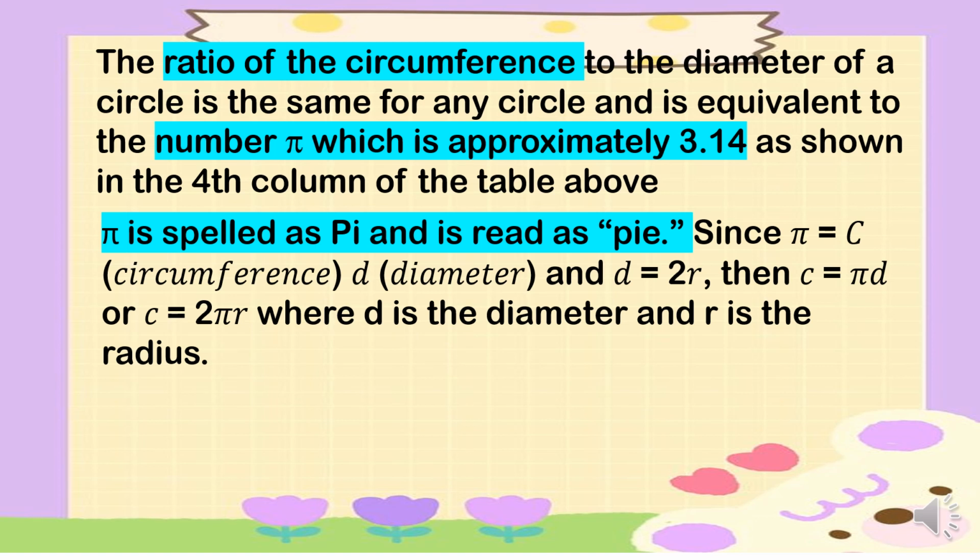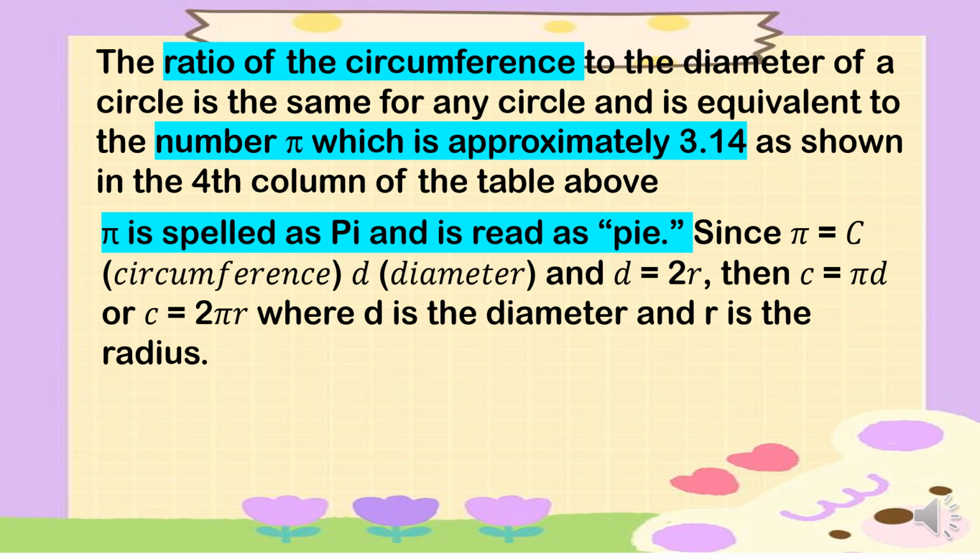Since pi equals C, the circumference, over D, the diameter, and D is equal to 2r, the diameter divided by two is the radius. Then the formula is C equals pi D, or C equals 2 pi r, where D is the diameter and r is the radius.